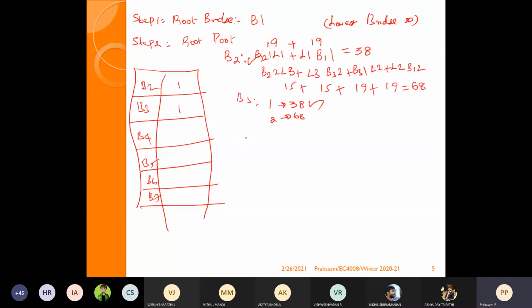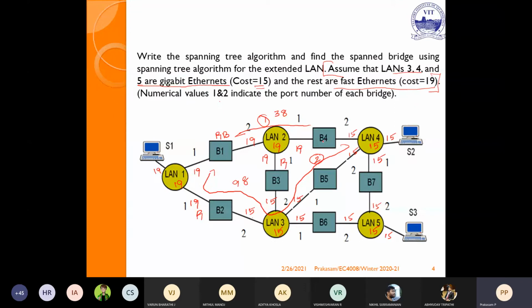So through port 1 it is 38, and the second is 98. So B4 1 is the least cost path. So B4 1 is the root port. For bridge 4, port 1 is the root port.